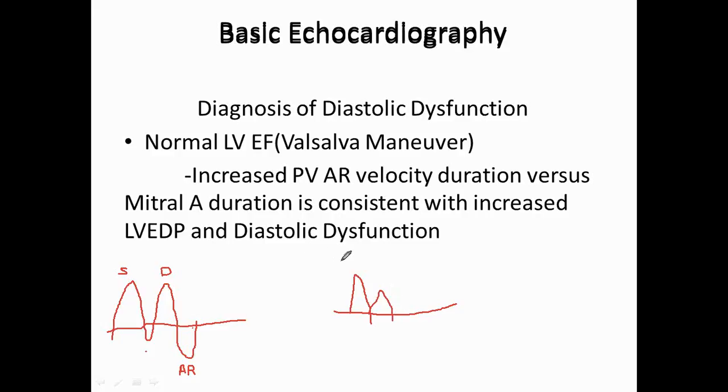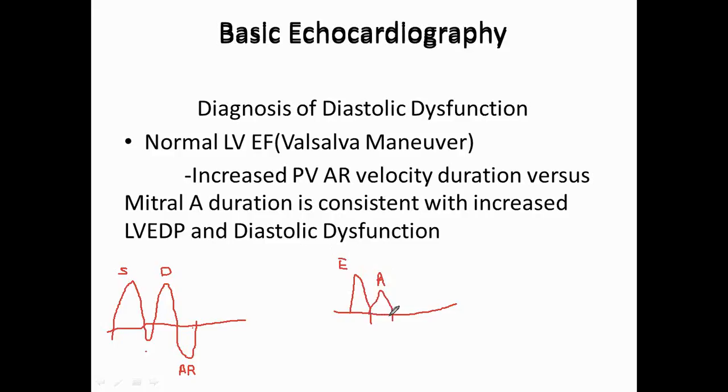So this is your E, and this is your A. The E velocity has a duration, and the A velocity also has a duration. The duration is from right there to right there.